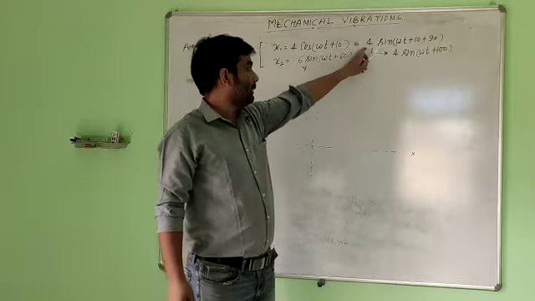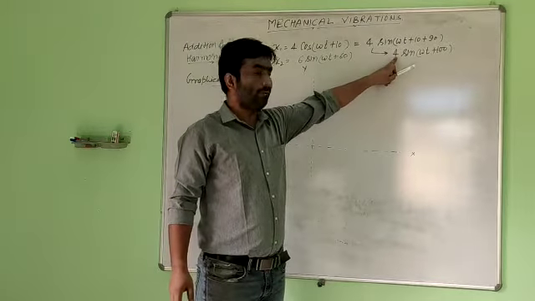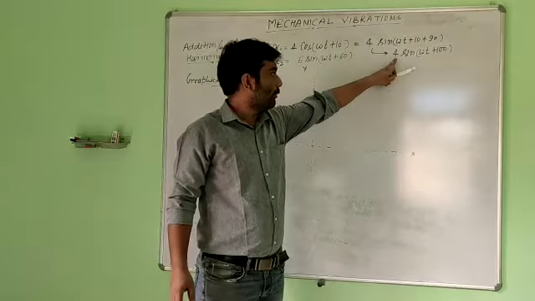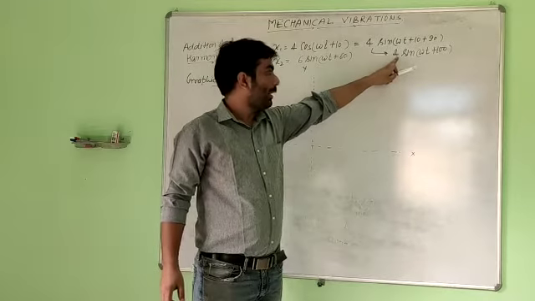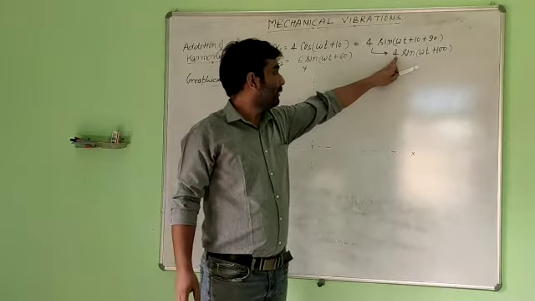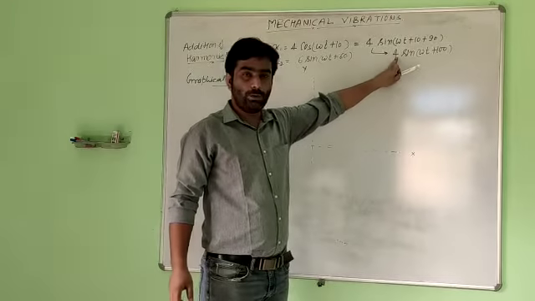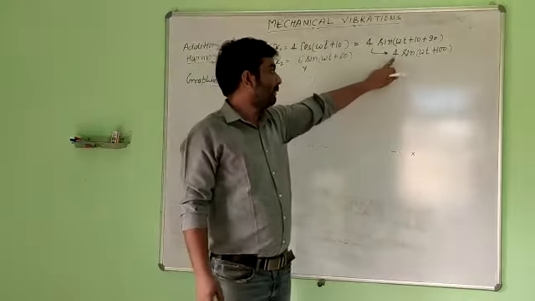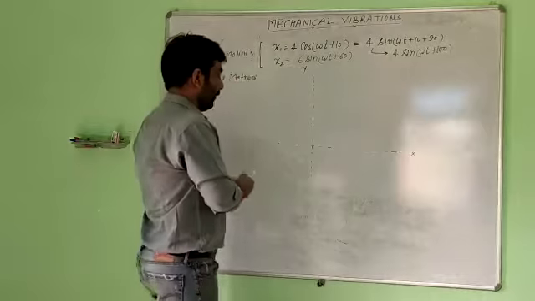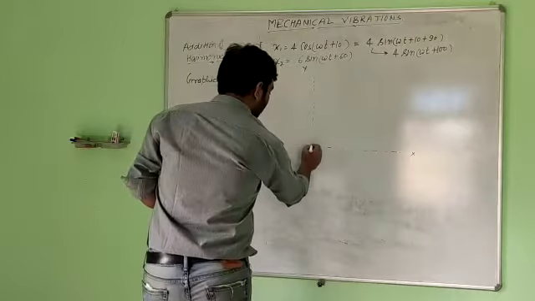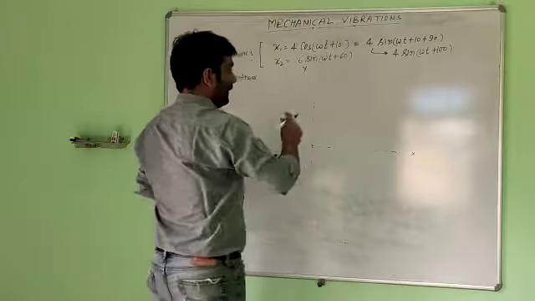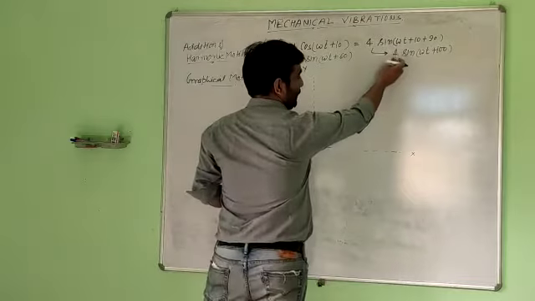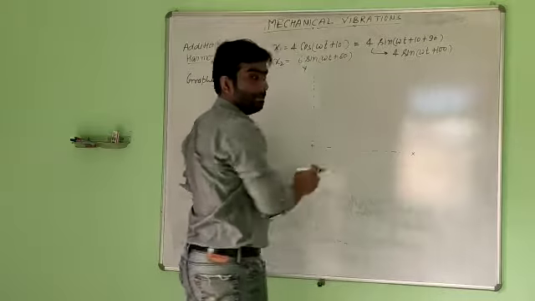We have to take the length of the vector as 4 units. We scale it, like 1 unit of amplitude equals 2 centimeter, so 4 is equal to 8 centimeter. You can take any conversion according to your page length.